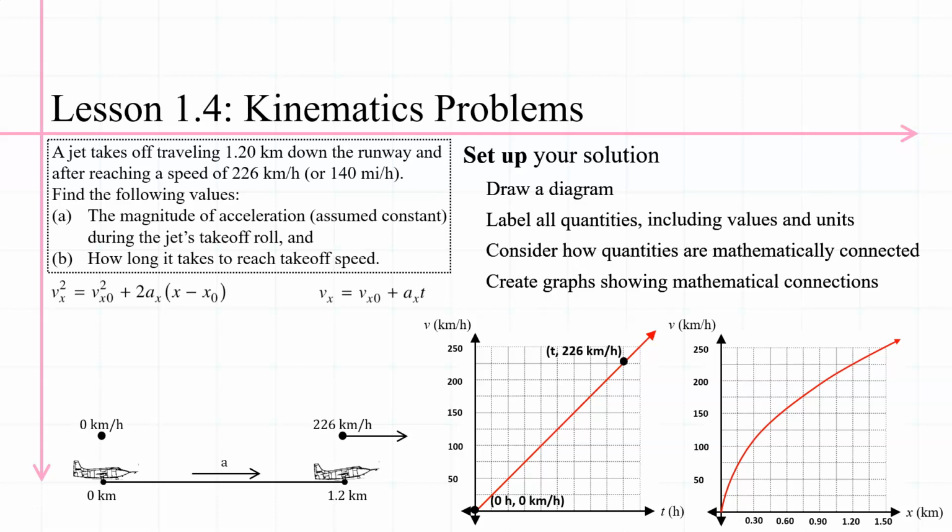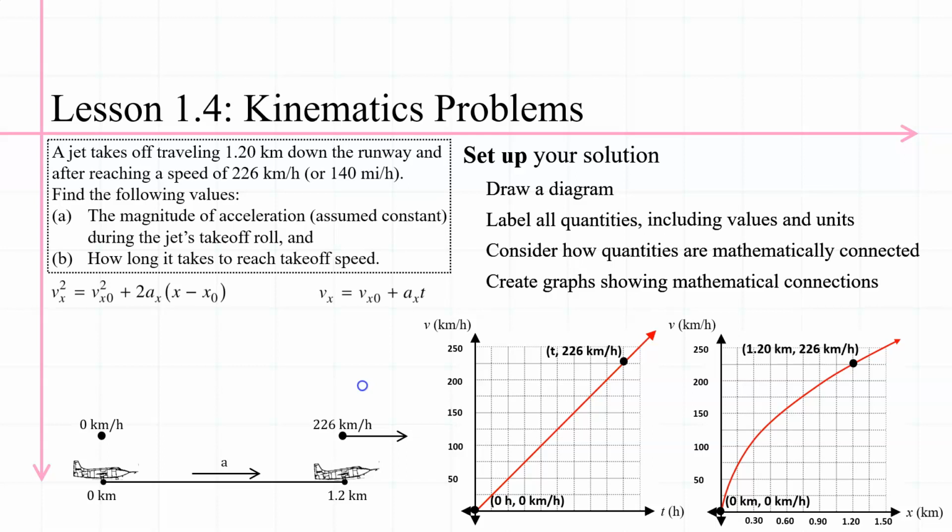I'm just going to plot the points that we know. We know 0 kilometers and 0 kilometers per hour is one of our points. And then we also know that at 1.2 kilometers, the plane is moving 226 kilometers per hour. So we have our reference point, and we have our point where we know the plane is moving a certain speed.